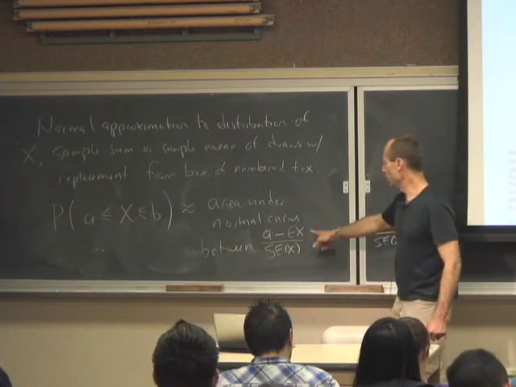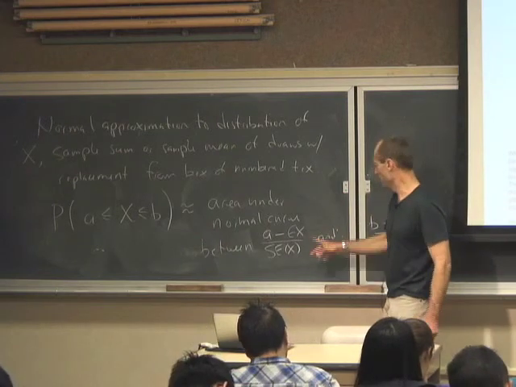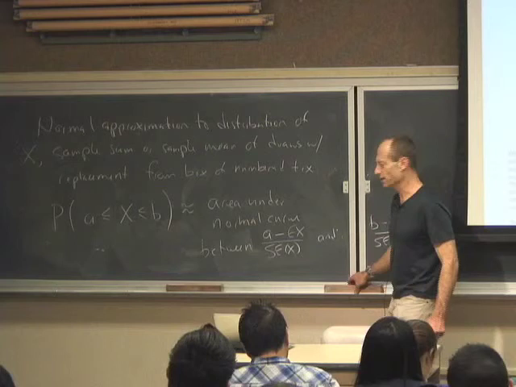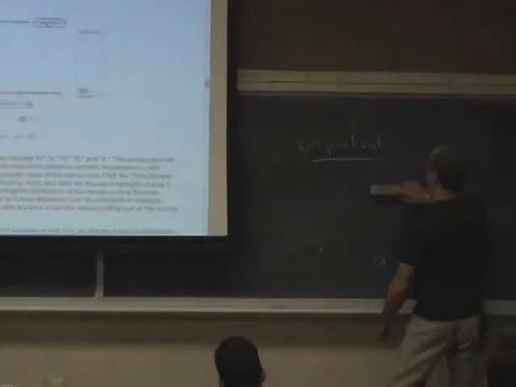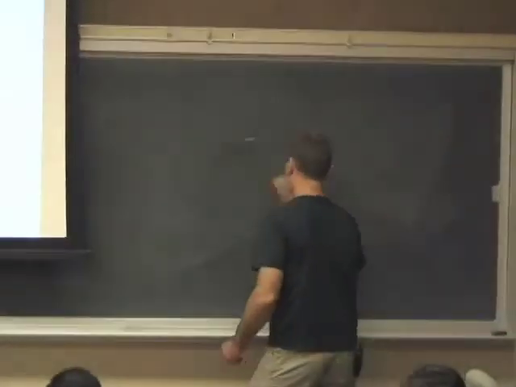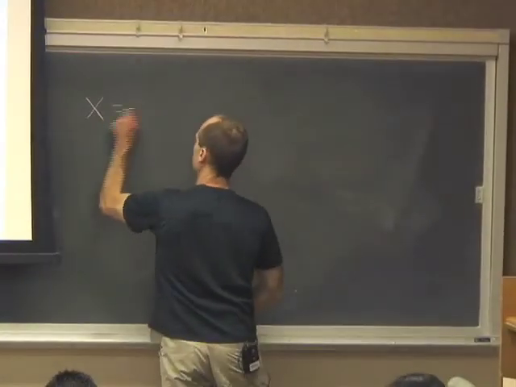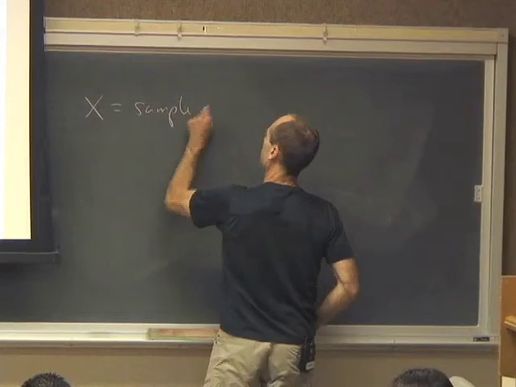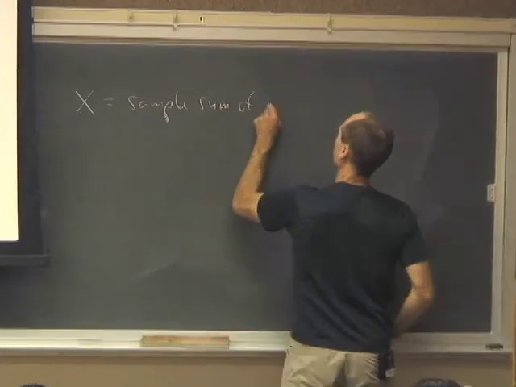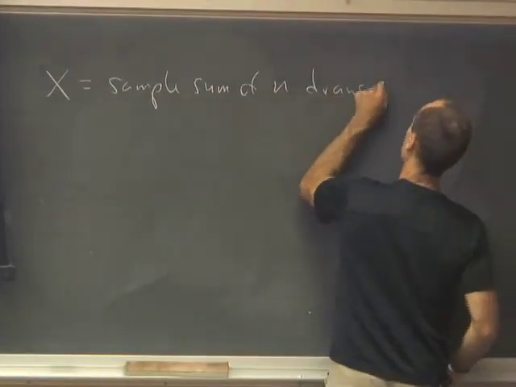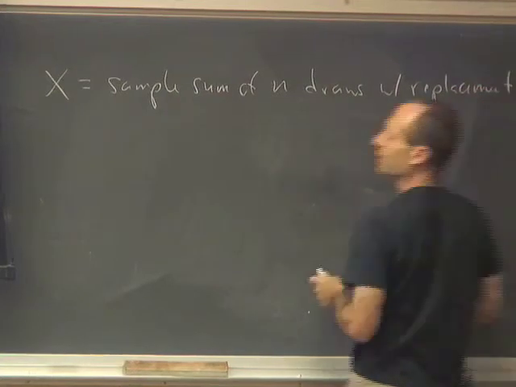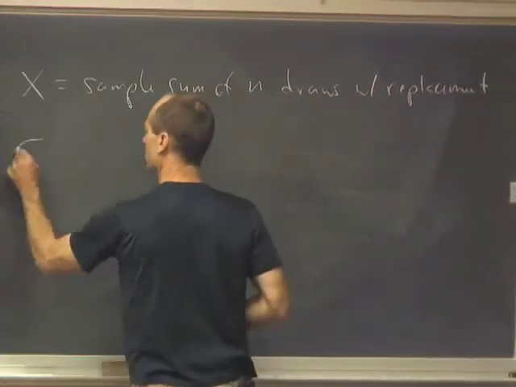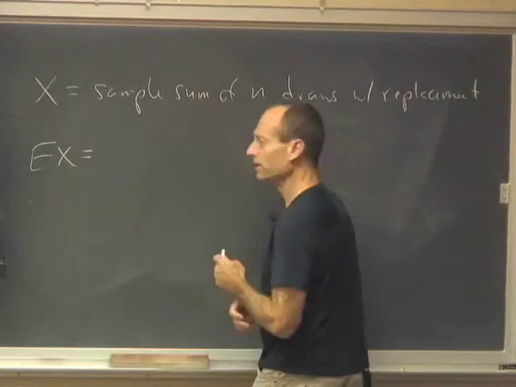Okay, so if x is the sample sum, then what is this in symbols? Let's suppose we're talking about, so let's let x be the sample sum of n draws with replacement. Then E of x is equal to what?